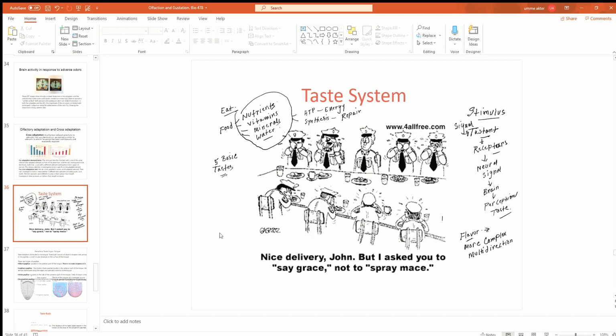So what are those five? Sweet, sour, okay, then umami, bitter, okay, and salty. So these are the five basic tastes.